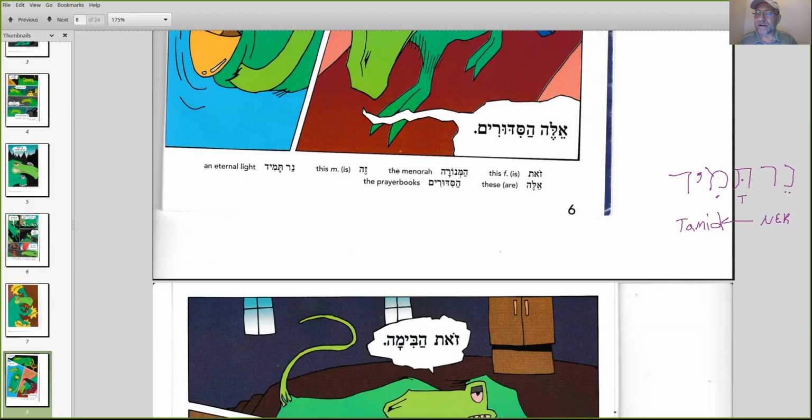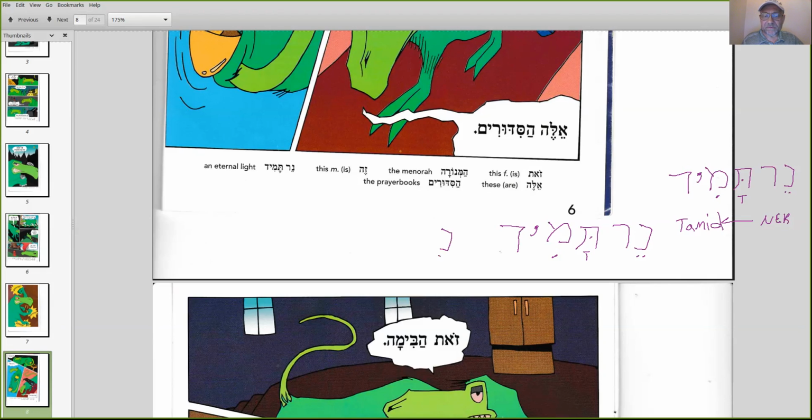And what they're talking about here, and let me do it one more time for you here. A noon with a tsere, resh, ner, and a tav, okay, kametz, mem, hirik, yod, dalet, okay, ner tamid.